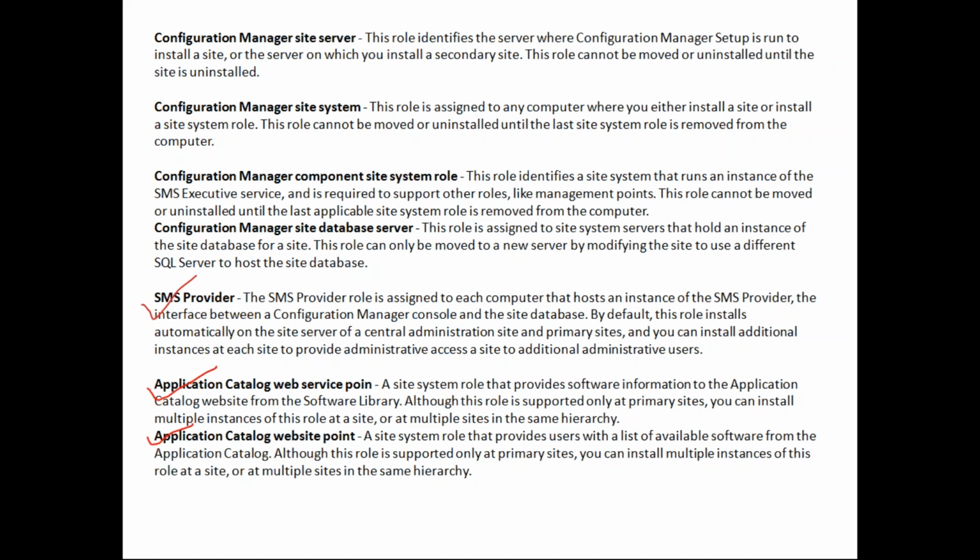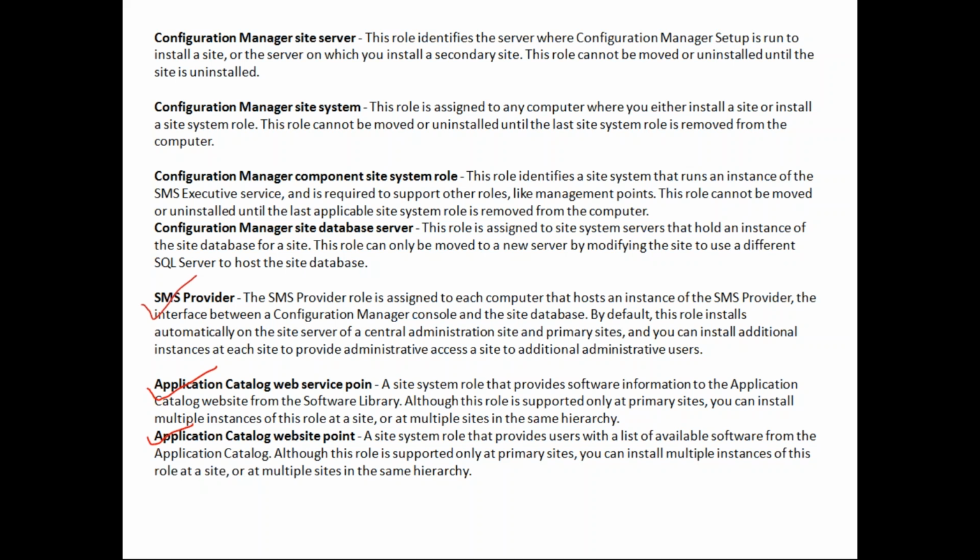Software center is the machine-based app store, and there is one more app store that is user based. There's a website. The user can go to the site and get his application from that website. So there are two kinds of app store: machine based and user based. In order to have the self-service portal, we need these two roles installed, wherein the user can go and get the application from there.